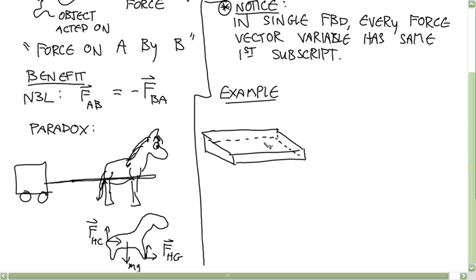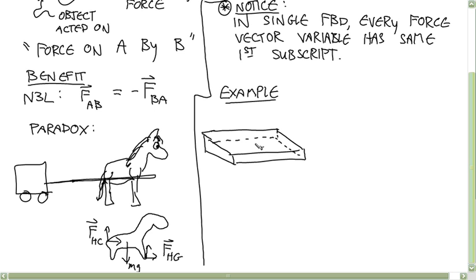Or maybe there's a little camera in there and you need to know how to protect it. So there are a lot of cases where you would want to do this. When you get into deformation, you want to do this for every individual point and figure out which point is in the most danger of breaking.